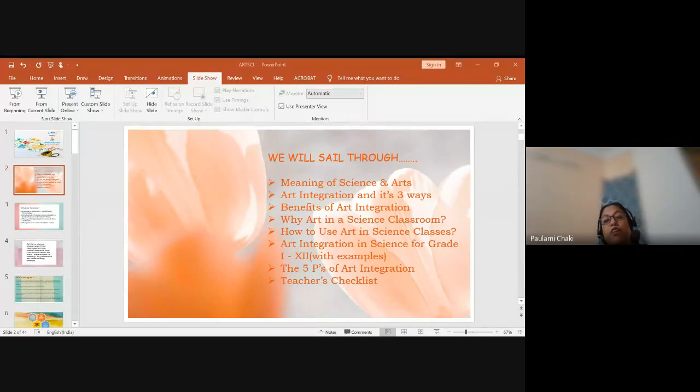In one of the webinars, I learned about culinary art that we can introduce. So we have to keep on researching and brainstorming to use multiple forms of art. Then we have to choose the type of activities where art enhances the project and hence the subject knowledge. So this has to be kept in mind. These are the different forms of art which we can use in our classrooms.